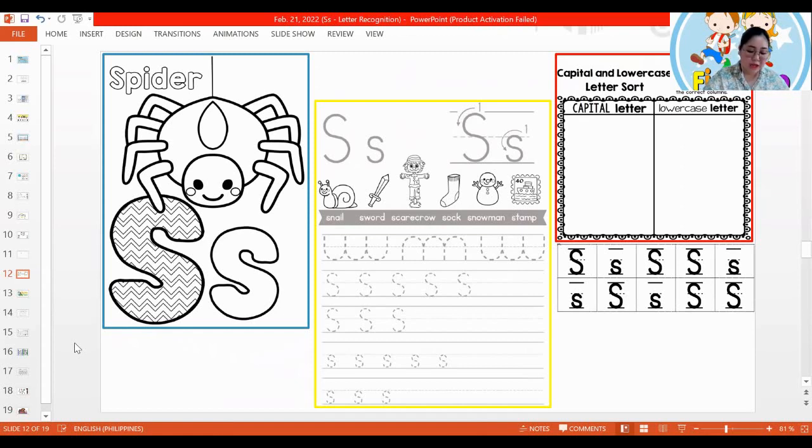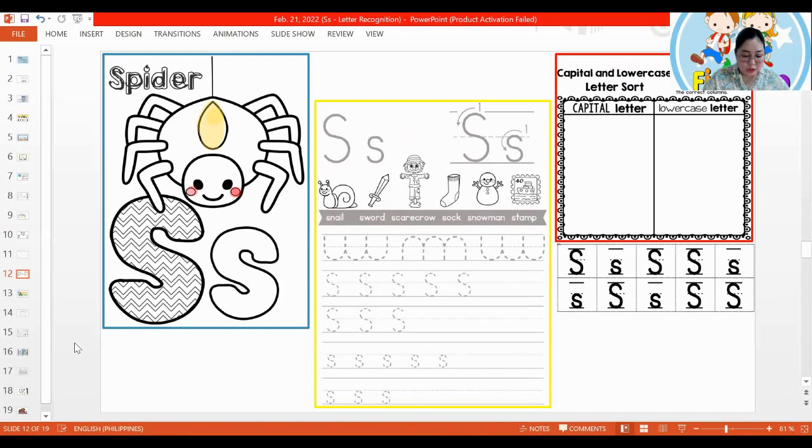Spider begins with the letter S. So after tracing your name, you have to trace the word spider. And we have to color our spider. So you can use different colors for your spider and also your capital and your lowercase letter S, okay?